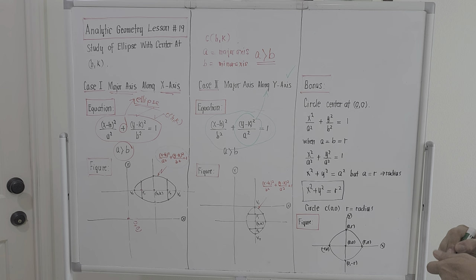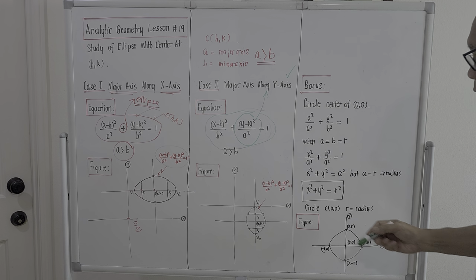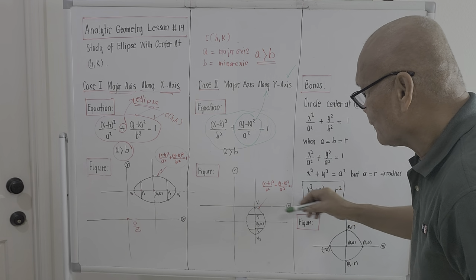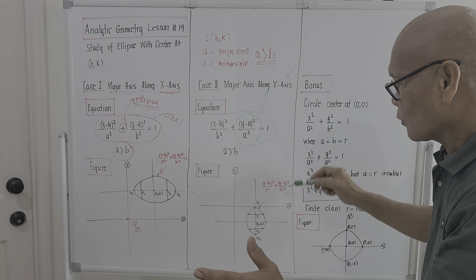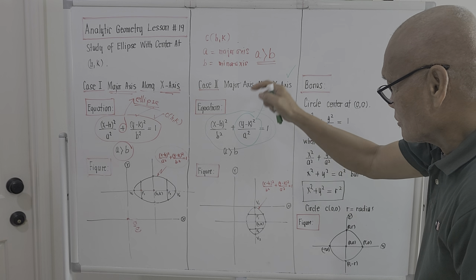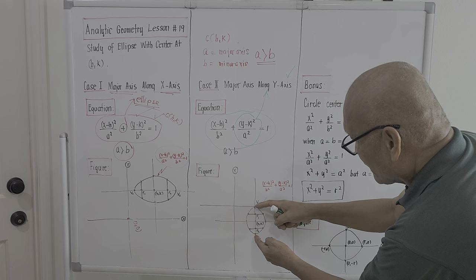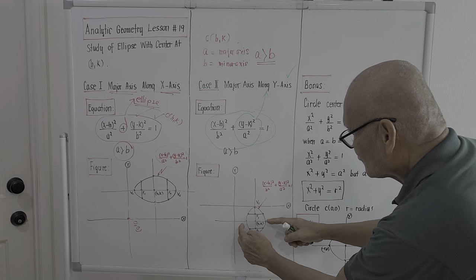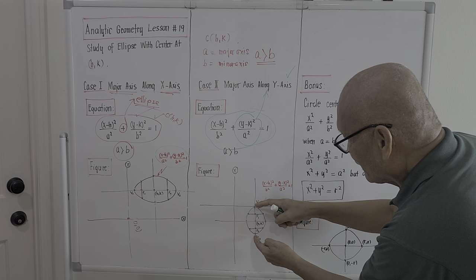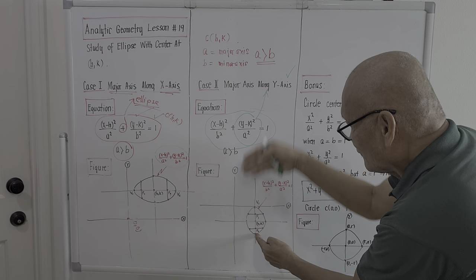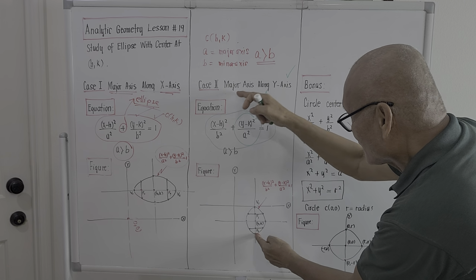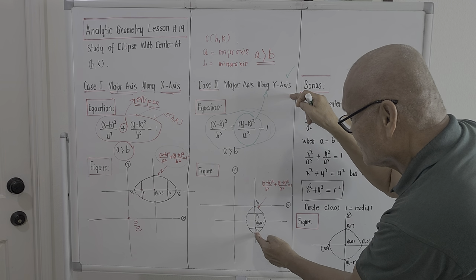For the resulting figure, I bring out the figure to be under quadrant number 4. So this should be the x-axis, this is the y-axis. Like what I said, the major axis for case number 2 is along the y-axis. So this is 2a, and this is 2b. The longer length 2a is along the y-axis. That's why I said the major axis is along the y-axis.